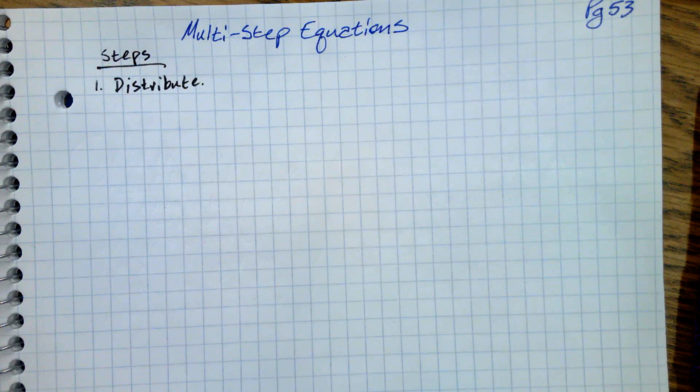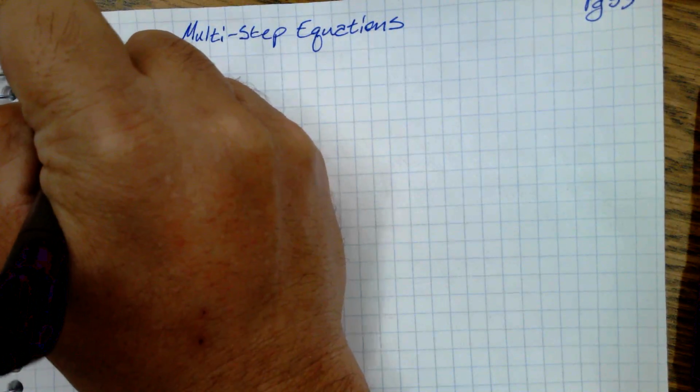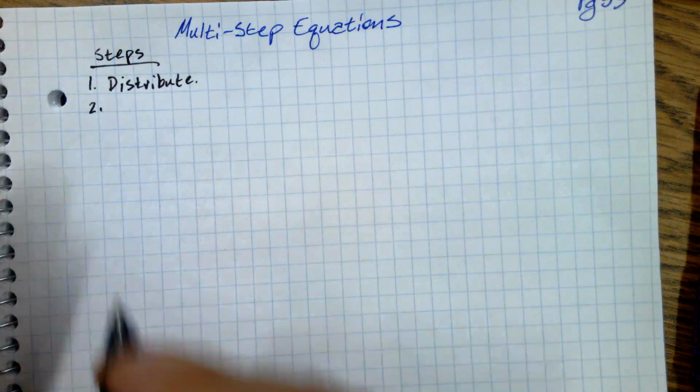And all of these are if you can, by the way. In the first few steps, sometimes you can, sometimes you can't. After you distribute, the second step is combine like terms on each side of the equal sign.